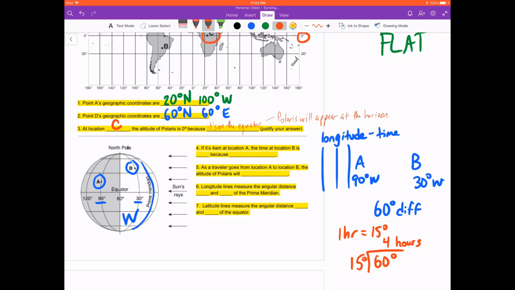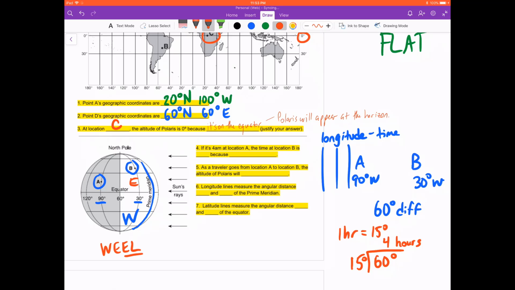Next, I know that there's a 4-hour difference between A and B, but now I have to figure out if B is east or west of A, so that I can figure out if it's earlier or later. Because B is east of A, if you remember our rules from wheel, it is later.